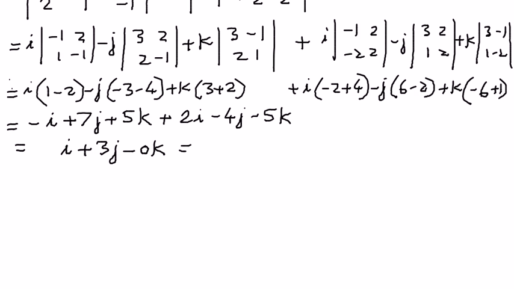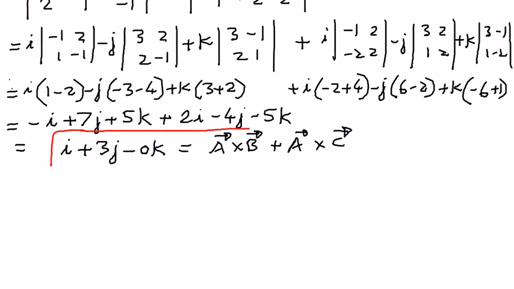Therefore, this is the result of vector A cross vector B plus vector A cross vector C, isn't it? I'm going to put a box around that just to indicate what we have arrived at.